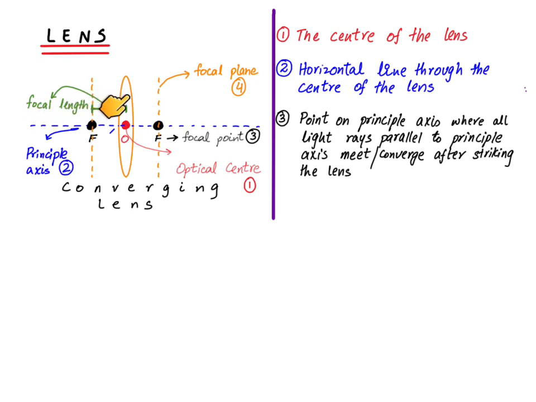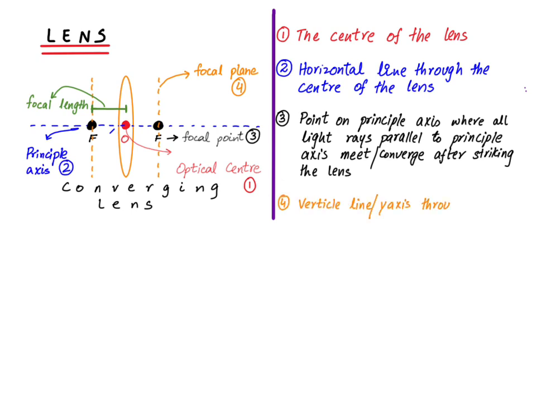It strikes the lens, and after passing through the lens, it will pass through the focal point, right? So the focal point is where light rays coming parallel to the principal axis merge after they pass through the lens.